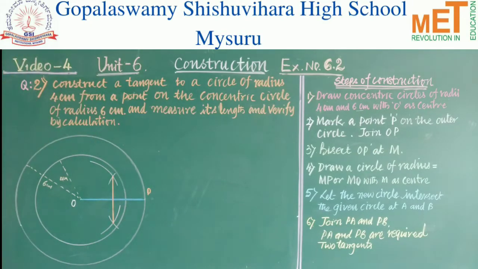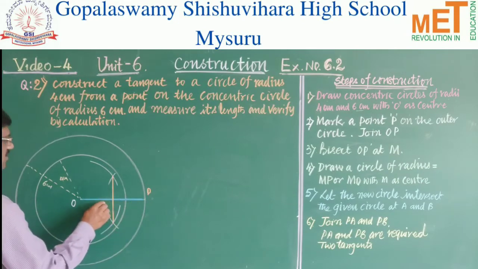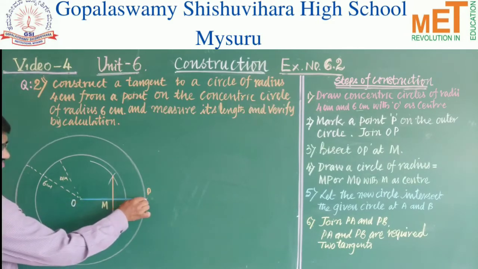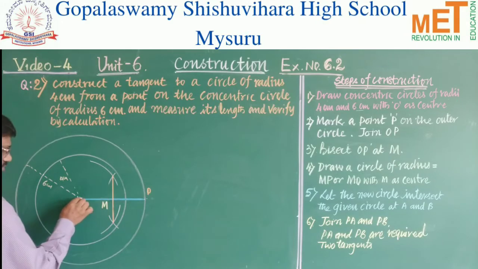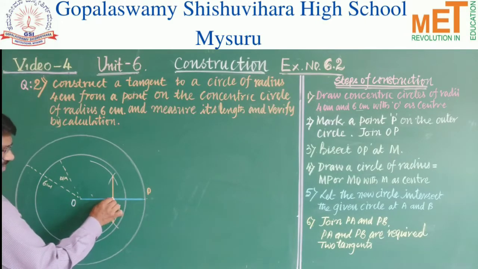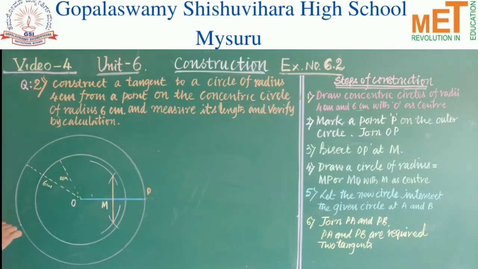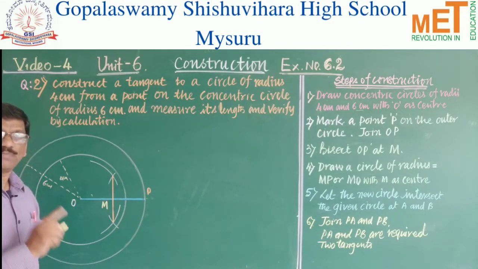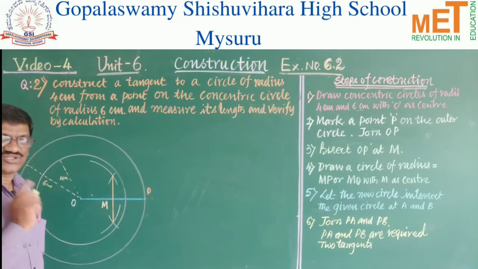That point which intersects OP is nothing but M, exactly the M bisects OP. OP is 6 centimeter, isn't it, children? So then O to M is 3 centimeter and M to P is also 3 centimeter. Hence, this line segment we call the perpendicular bisector.